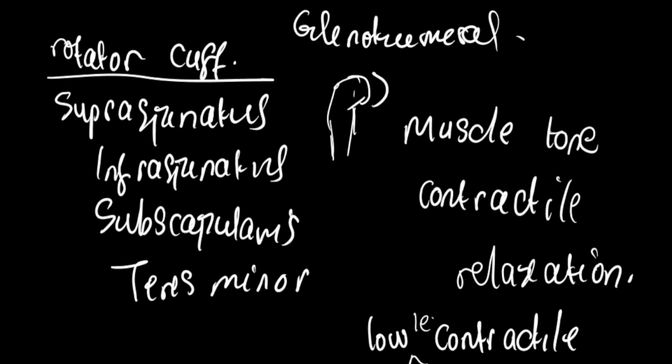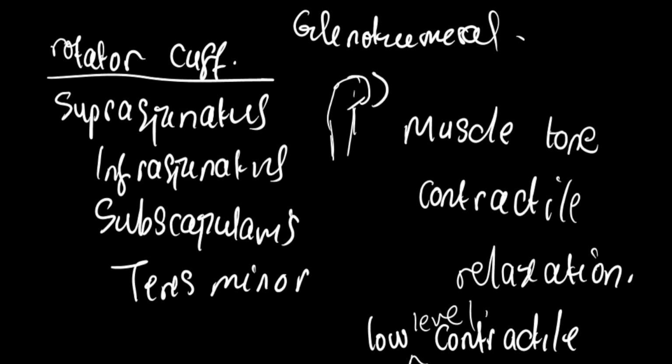Muscle tone is very important because when a muscle loses its tone, it experiences retardation in responding to stimulus. The muscle tone, which is associated with this low level of contractile activity, is what keeps the muscle healthy and ready to respond to stimulus.